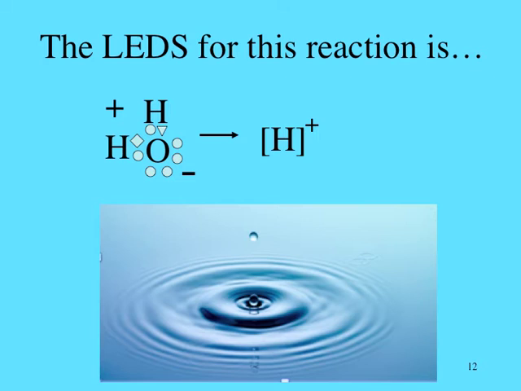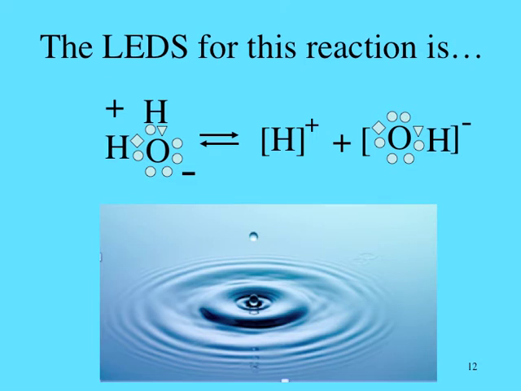Right, it had to actually lose an electron. And we have the OH minus, and it's minus because it has this one extra electron that, in fact, came from that hydrogen. So those are the LEDs for water, hydrogen, and hydroxide ions. Oh, and it also takes place in both directions.